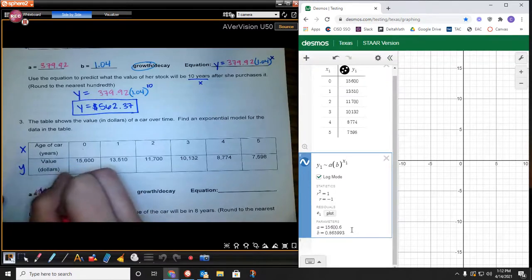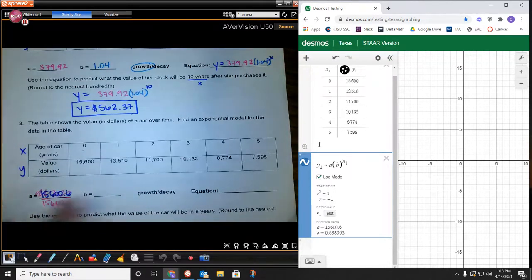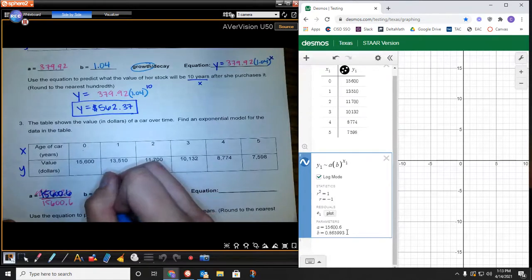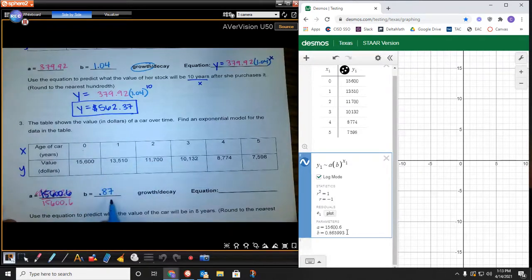Okay, just ignore that. Did I type these all in correctly? Did I miss any? 15,600, 11,700, 10,132, 8,774, 7,598. Okay, just making sure. And then my B value here that we get is 0.865 or 0.87, and this value is less than 1, so it represents decay.